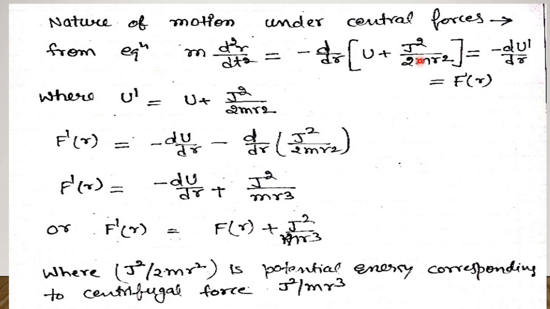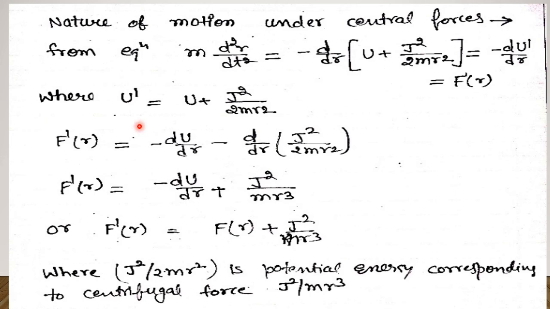Now if we put U + J²/2mr² = U', then this term will become −dU'/dr, and we will write this term as f'(r), because we have taken in the previous section that f(r) = −dU/dr.